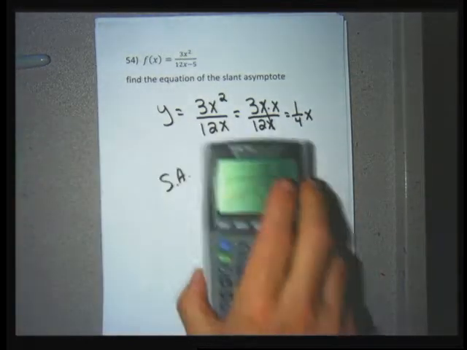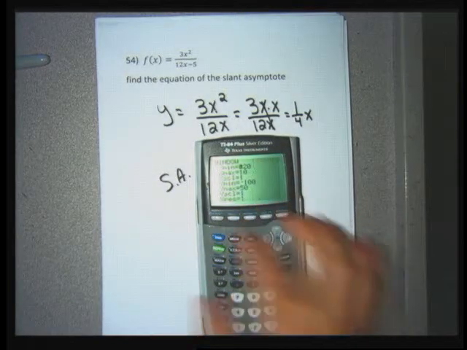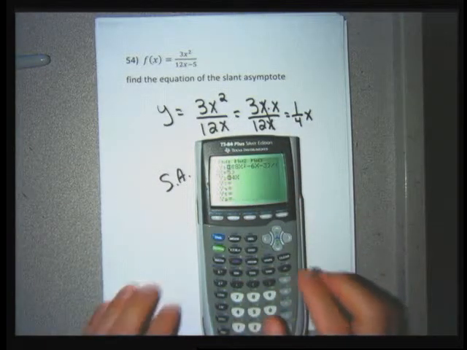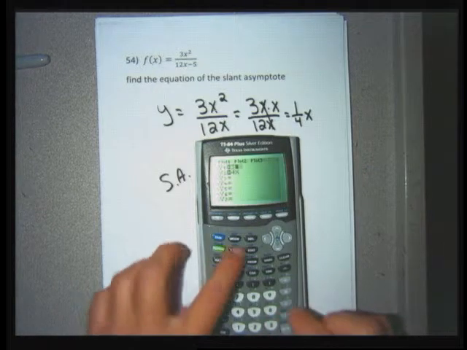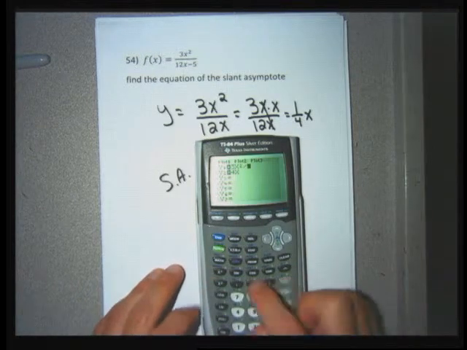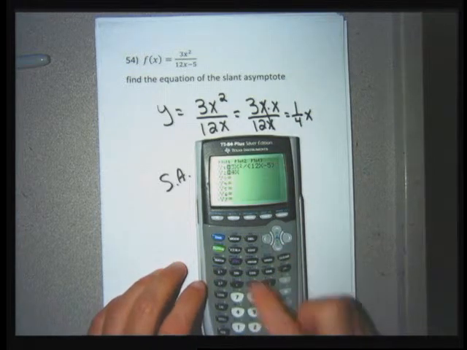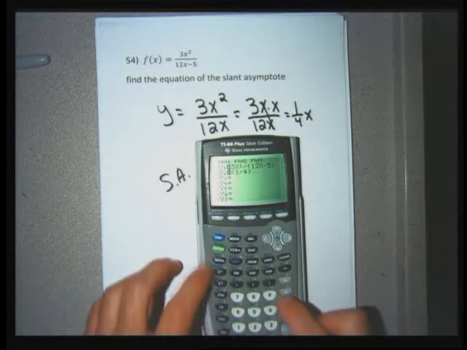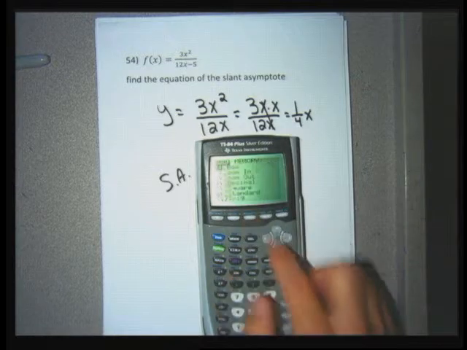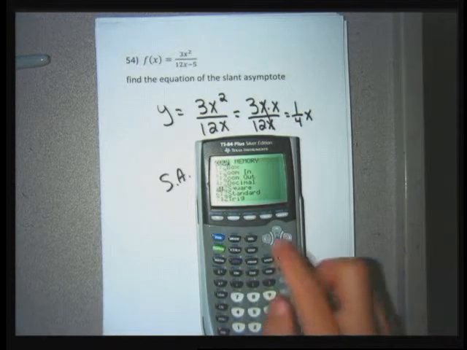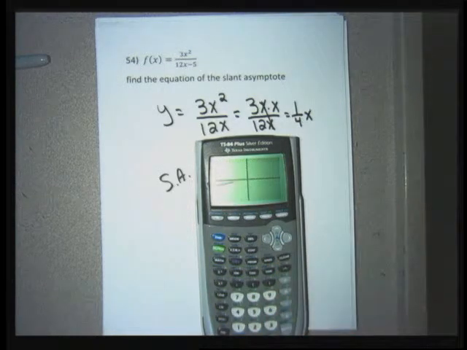So when I graph this, I'll go back to a standard window in a second, but when I graph this, 3x squared divided by parentheses 12x minus 5, and I graph parentheses 1 divided by 4x. If I do a standard window, I doubt that I see the impact of the 1/4 x that well.